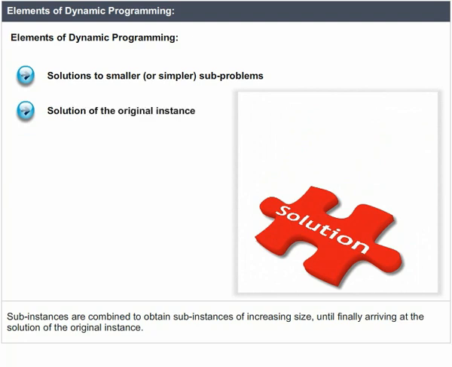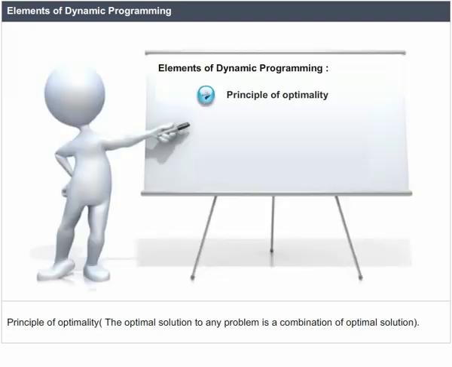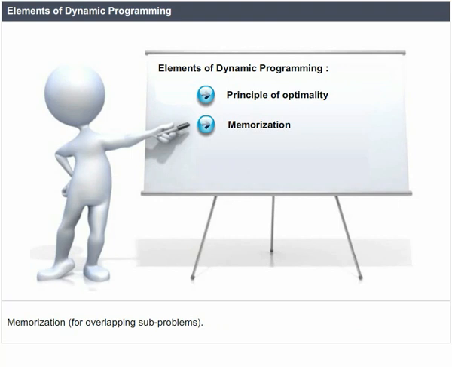Make a choice at each step, but the choice may depend on the solutions to sub-problems. Principle of optimality: the optimal solution to any problem is a combination of optimal solutions. Memoization for overlapping sub-problems.